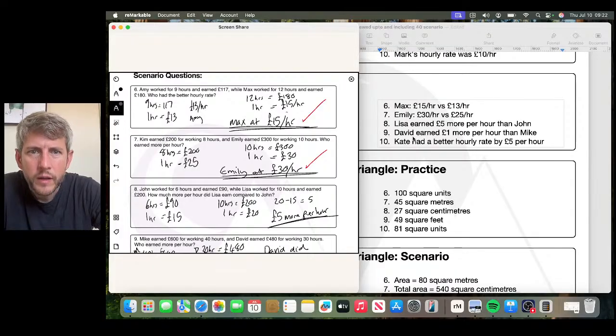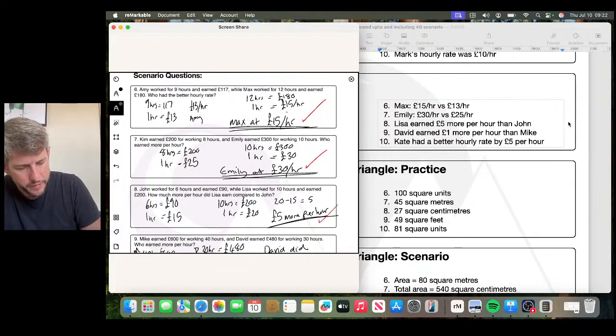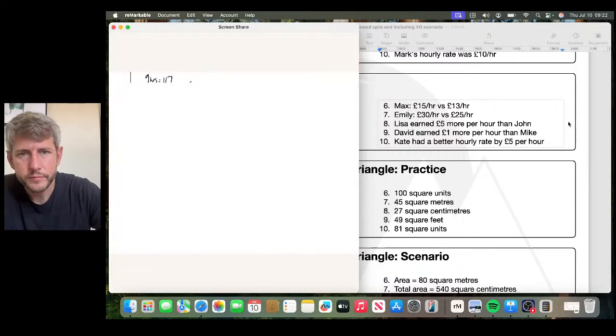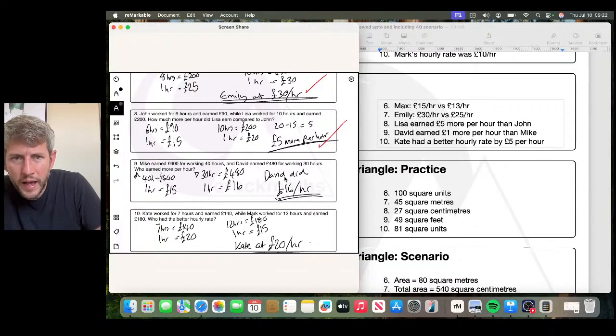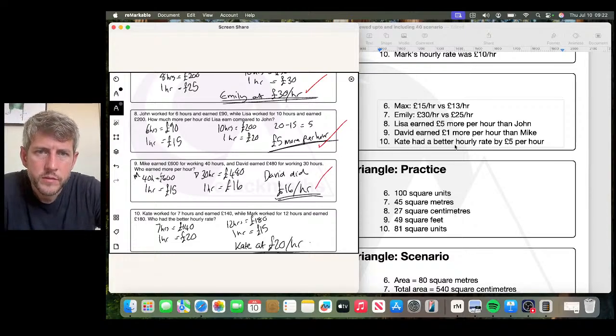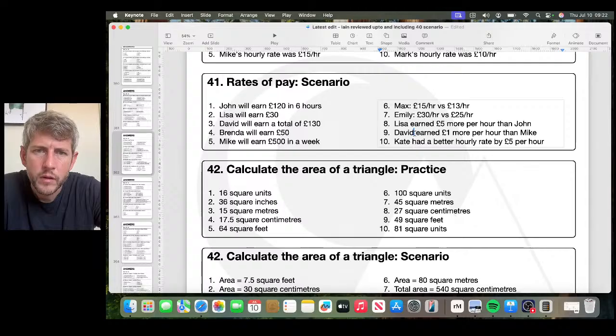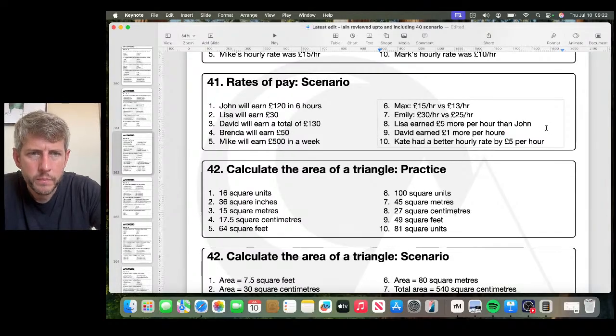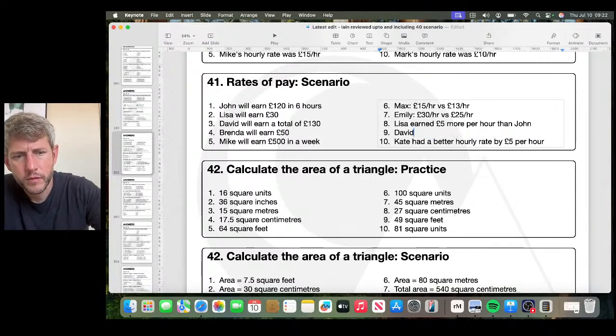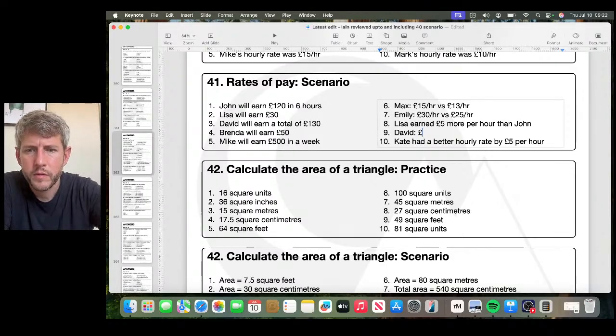Right, this next one, £5 more per hour. Lisa earned £5 more per hour than John. Yeah, we agree with that. Okay. David, £16 per hour. Okay. Who earned more per hour? David. Here we go. David, £16 per hour versus £15 per hour.